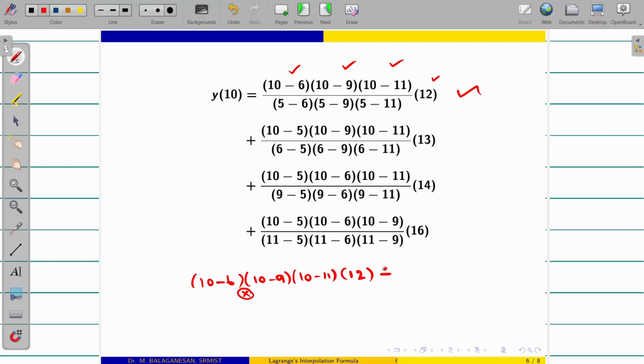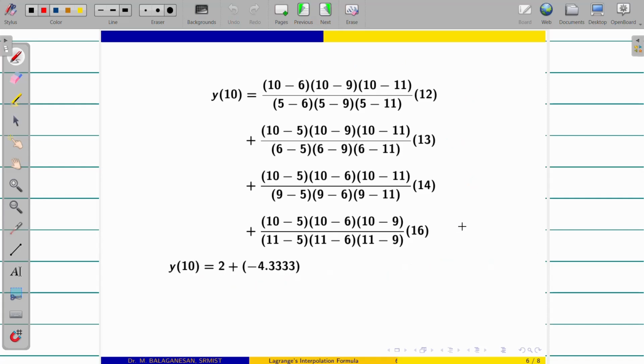And then divide by the denominator terms: 5 minus 6 into 5 minus 9 into 5 minus 11. That's it, guys. If you're giving like that, easily you can get the answer for the first term. Similarly, try the same procedure for the second, third, as well as fourth term with your calculator.